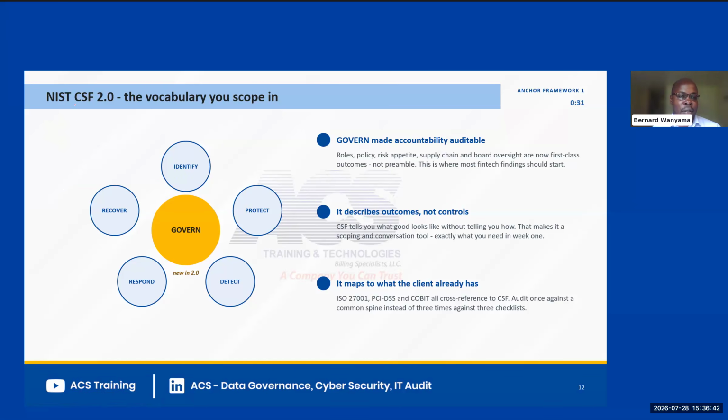So we might have the NIST CSF and the ISO 27000 as the primary frameworks. In this case, we are being told that they are also on the road to go for PCI DSS certification because they are a financial services provider.